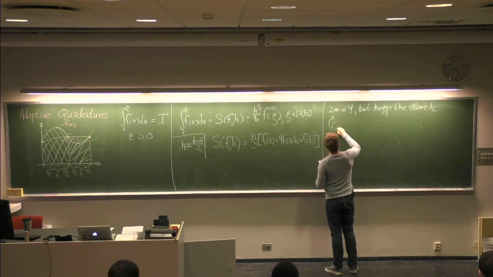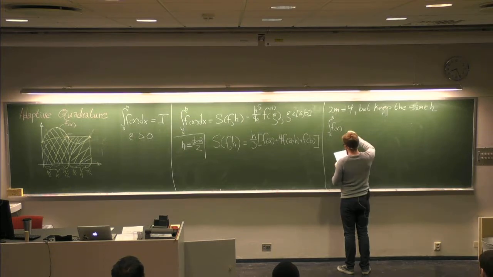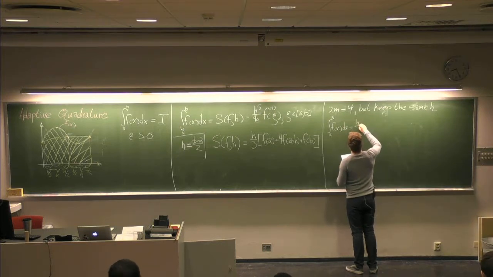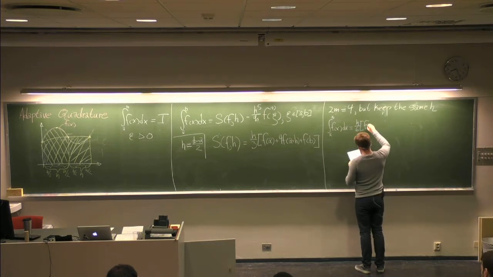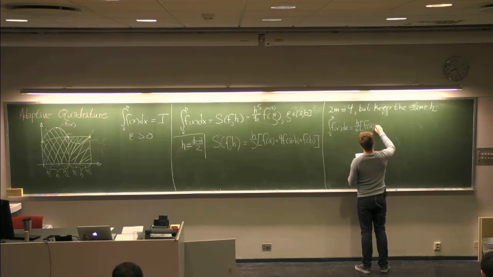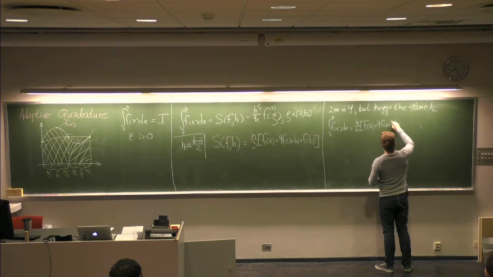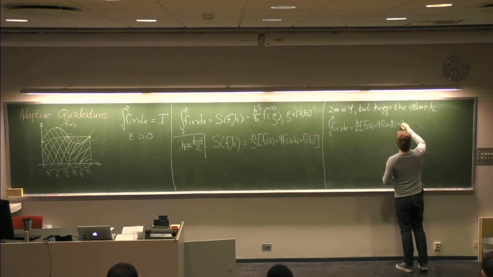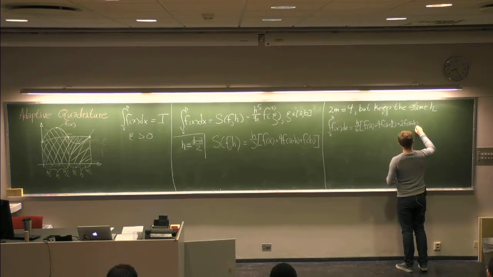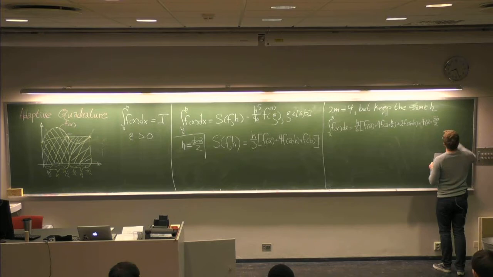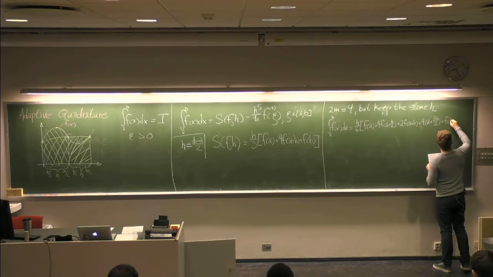And if we try to do the integral with this, using, again, the Simpson method, we will get h over 6 times f of a plus 4 f of a plus h over 2 plus f of a plus h, and so on, up to plus f of b.